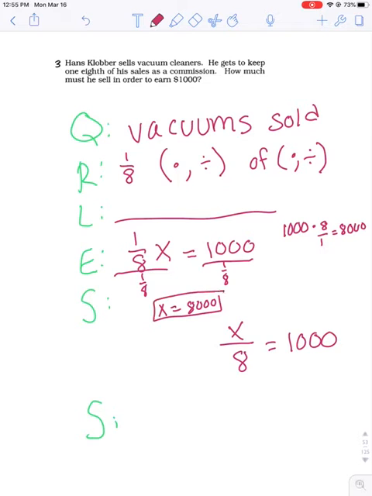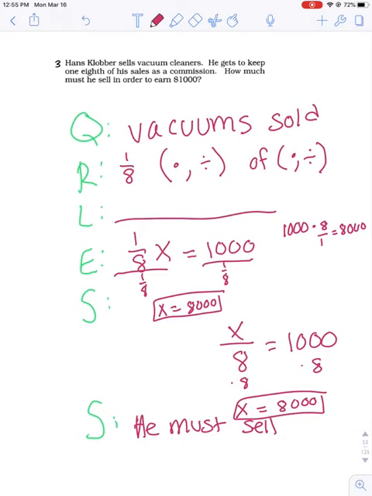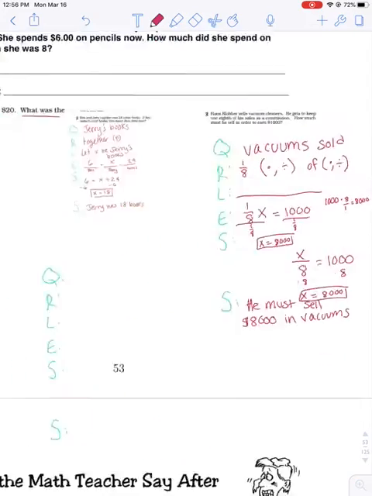X equals 8,000. It would work the same way with the other equation. You'd multiply both sides by 8, and you would also get X equals 8,000. So he must sell $8,000 in vacuums. We don't know how much each one costs, but the total of his sales has to equal $8,000, and then he gets to keep an eighth of it.